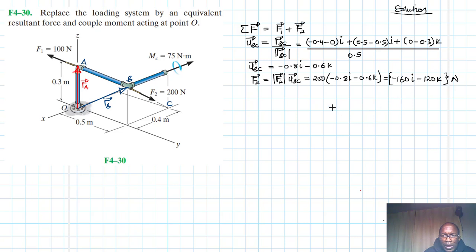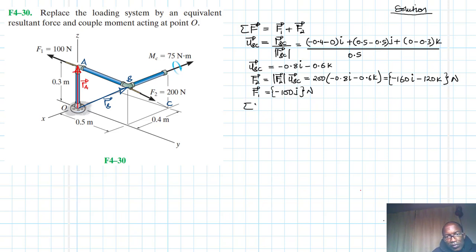All right, so there we are. We found that F1 is along the y direction, in the negative, so this will be just minus 100j. Right.